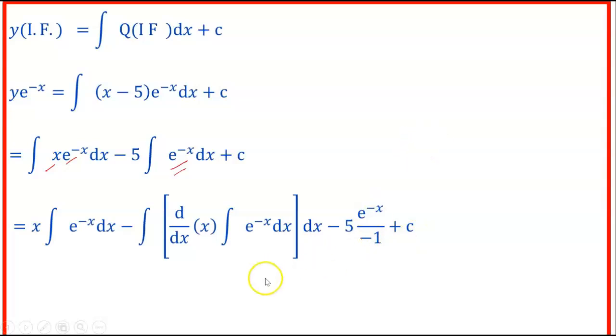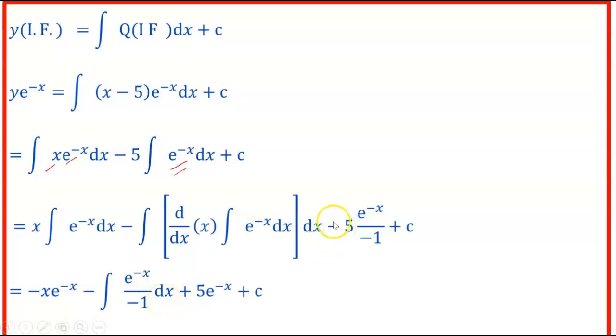Okay, next simplification. The integral of e raised to minus x is minus e raised to minus x, into x. Then you will get minus x into e raised to minus x minus the integral of the derivative of x, which is 1, into the integral of e raised to minus x, which is e raised to minus x upon minus 1, dx.